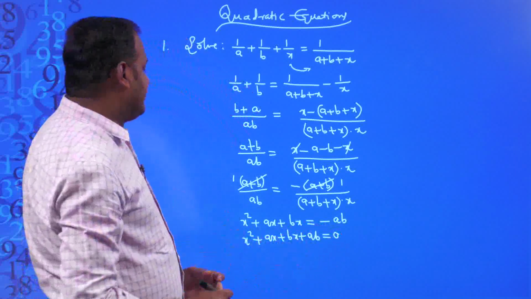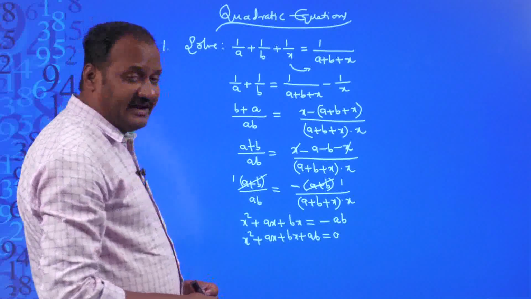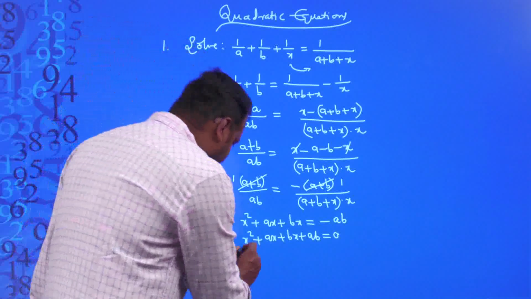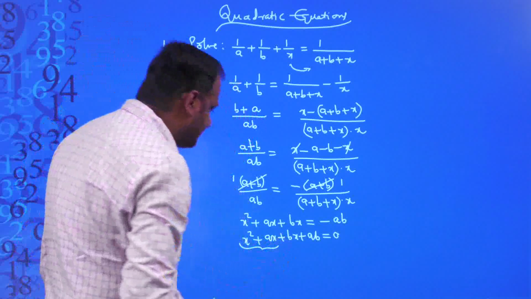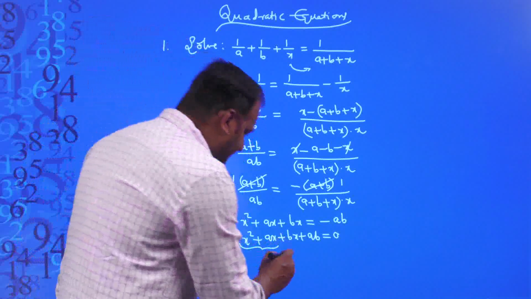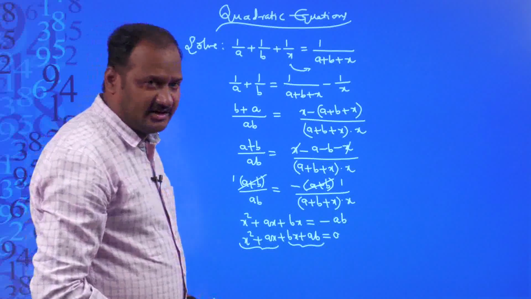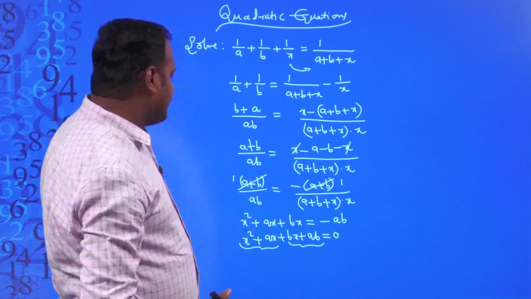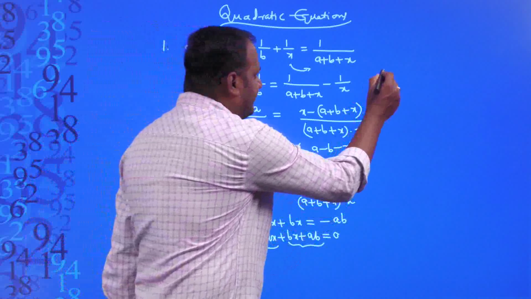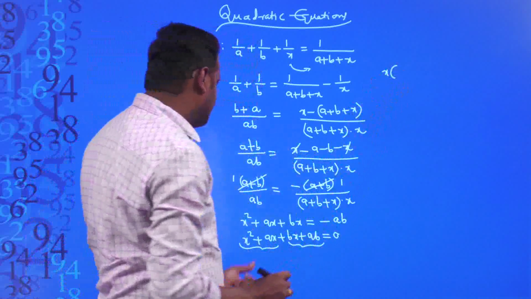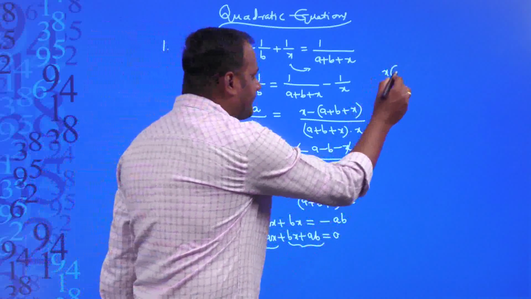See, it can be easily factorized, because from the first two terms you can take x common. From the third and fourth terms, b can be taken common. So x square plus ax, x can be taken common, so x times the remaining x plus a.